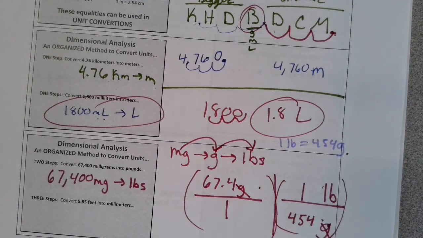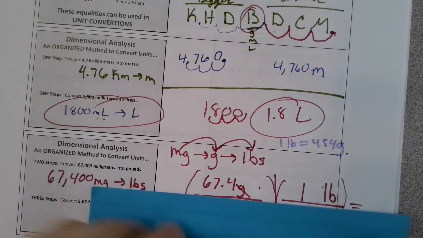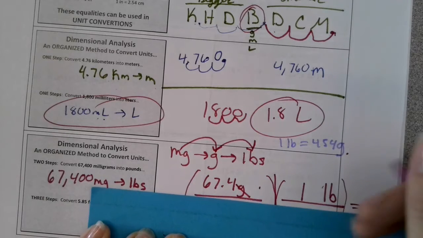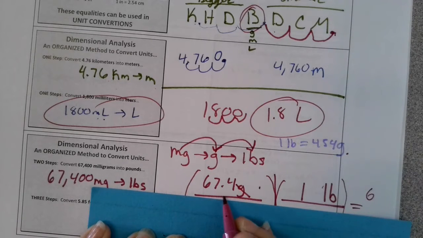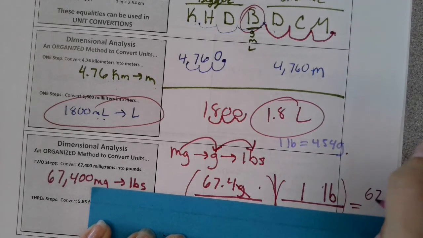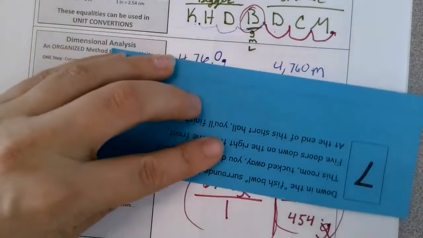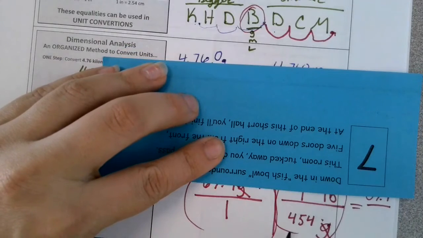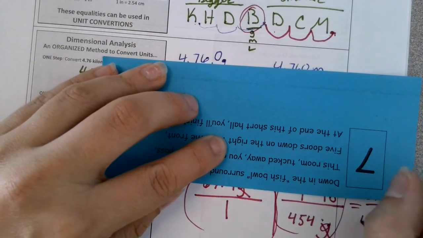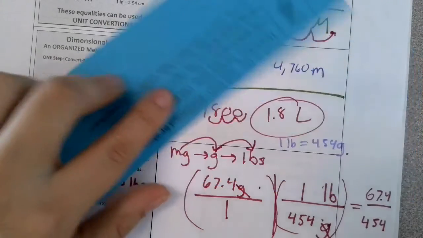That's one way. Or you can do multiplying the top out. In this case, 67.4 times 1 will give you 67.4. Multiply your bottom out. 1 times 454 gives you 454.